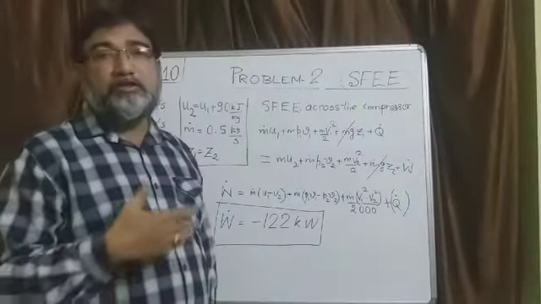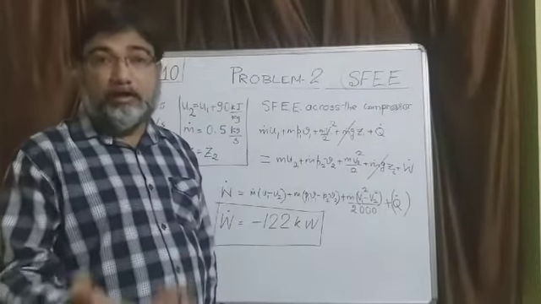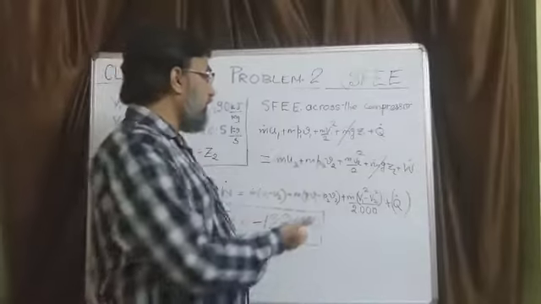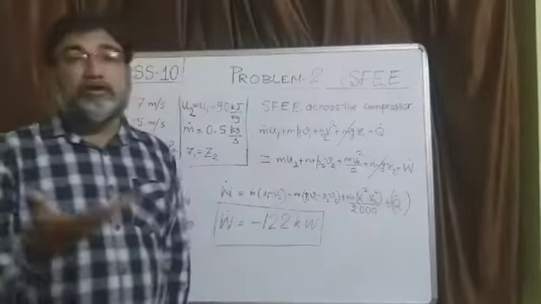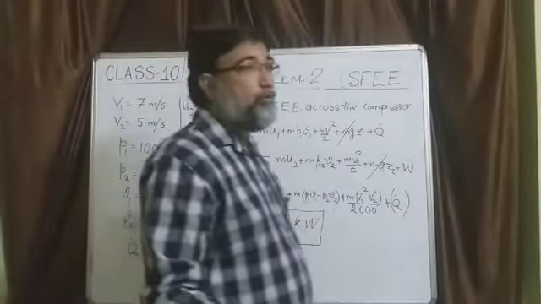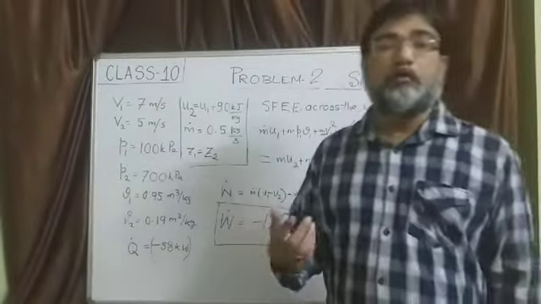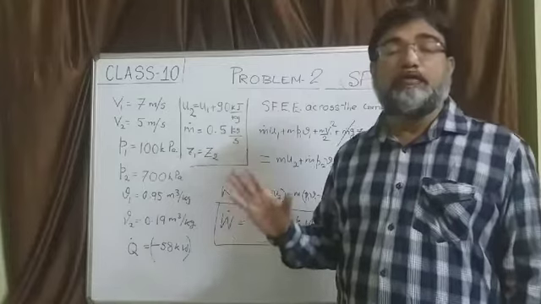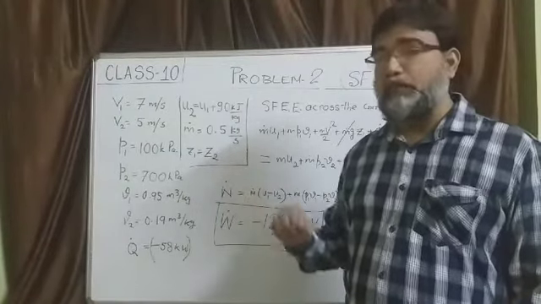Because a turbine is a power giving device, W dot will be positive. And like this problem, all other things for the turbine also will be known to you, and you have to find out the only unknown which is missing, which is not given to you in the statement of the problem.